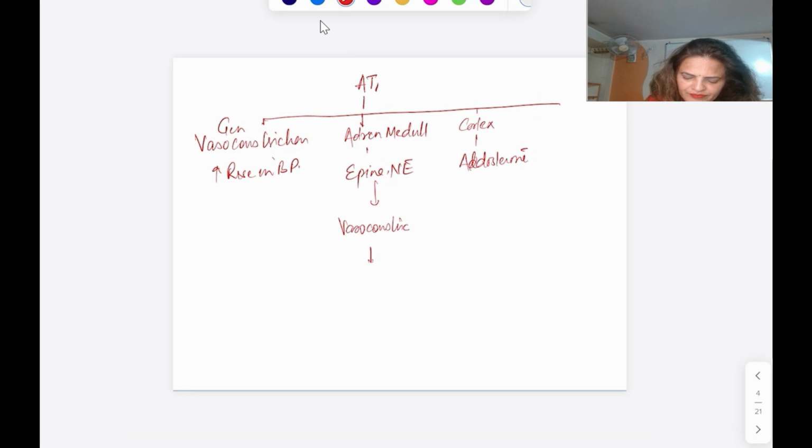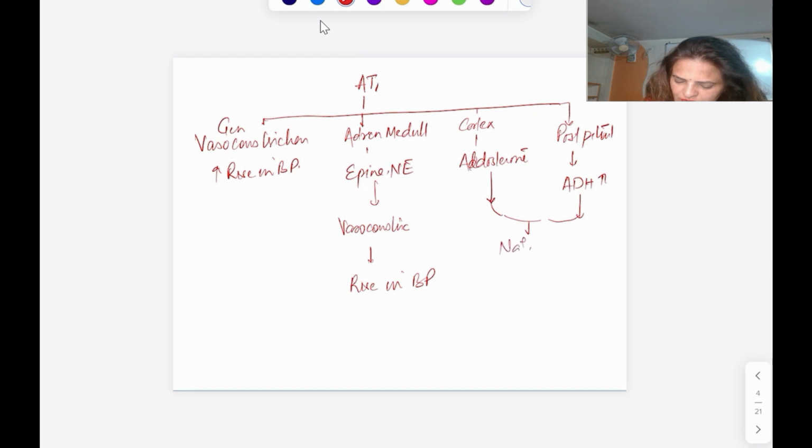So there will be rising blood pressure. Then it also acts on the posterior pituitary and causes the release of ADH. So this aldosterone and ADH, both of them cause sodium and water retention.